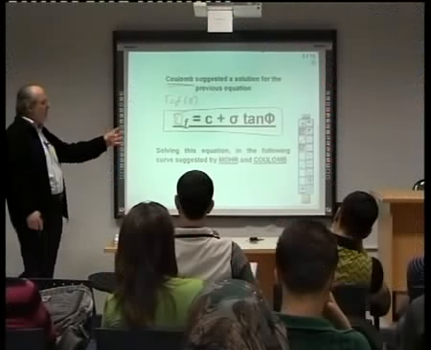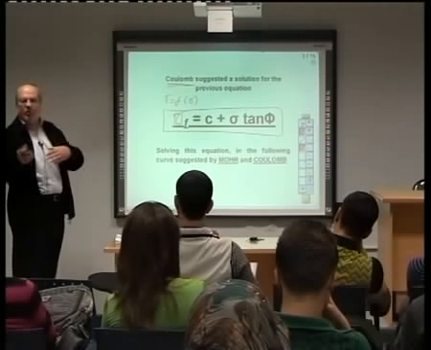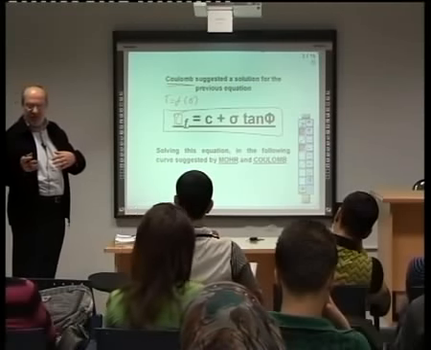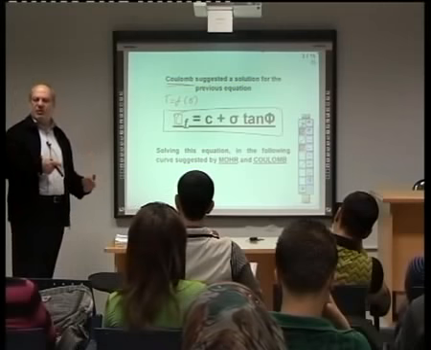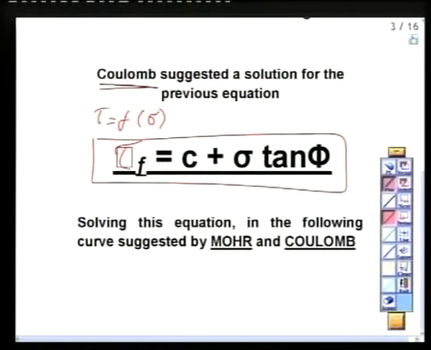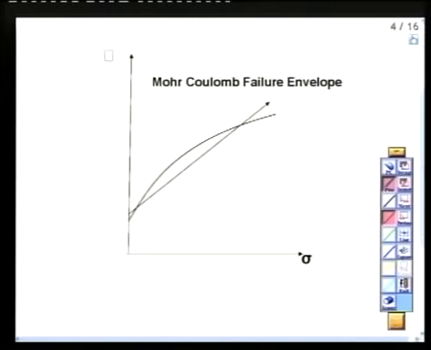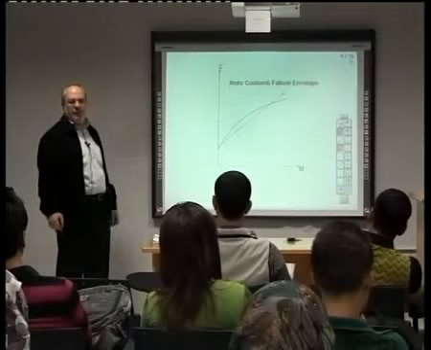Now, solving this equation gives us what we call the Mohr Coulomb solution. It's not Mohr, it's not Coulomb, it's both of them. It gives us this figure, the shear and the normal, the Mohr Coulomb failure envelope. What did they do?